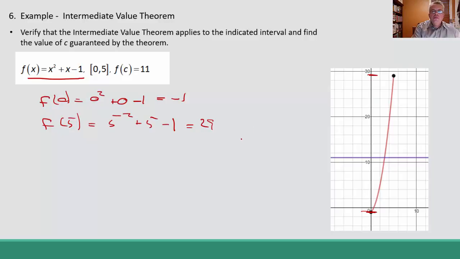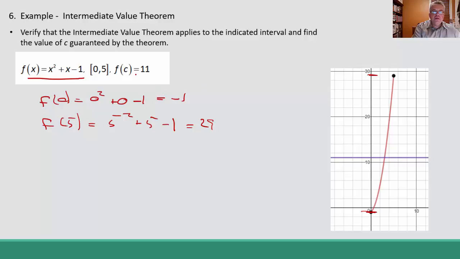Now, what the intermediate value theorem says is that at some point, the function's equal to every number between negative 1 and 29. For instance, it has to equal 20 sometimes. If it goes from negative 1 to 29, there's got to be a place where it crosses y equals 20.